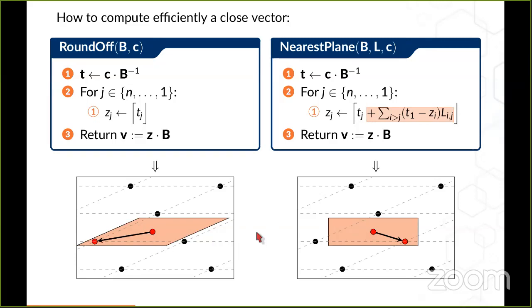For the round-off algorithm, you can show that the point output by the algorithm is at the intersection of the lattice and of a parallelepiped having the form of the basis. And this parallelepiped will be centered. In the case of the nearest plane algorithm, it's the same.